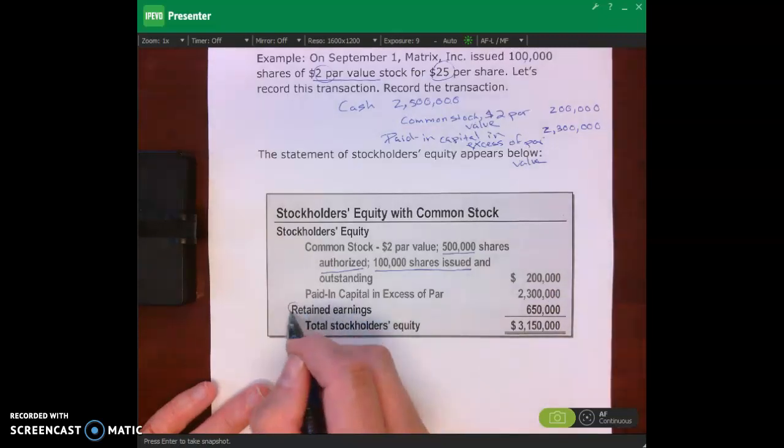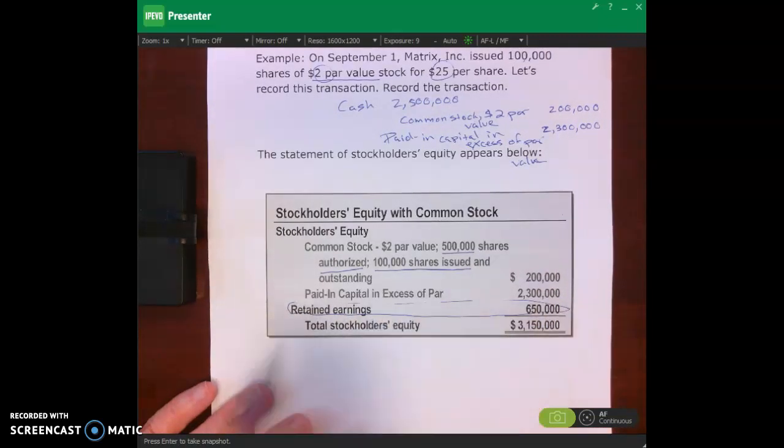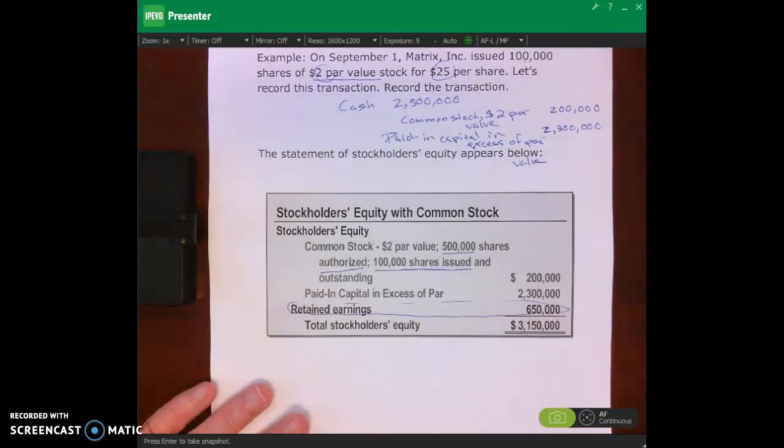And then we add in our retained earnings of 650. And remember what retained earnings is. We talked about that in the prior lecture video. That is equal to our cumulative net income and net losses less our dividends. Okay. So that's our 650, and then this is our total equity right over here, 3,150,000.